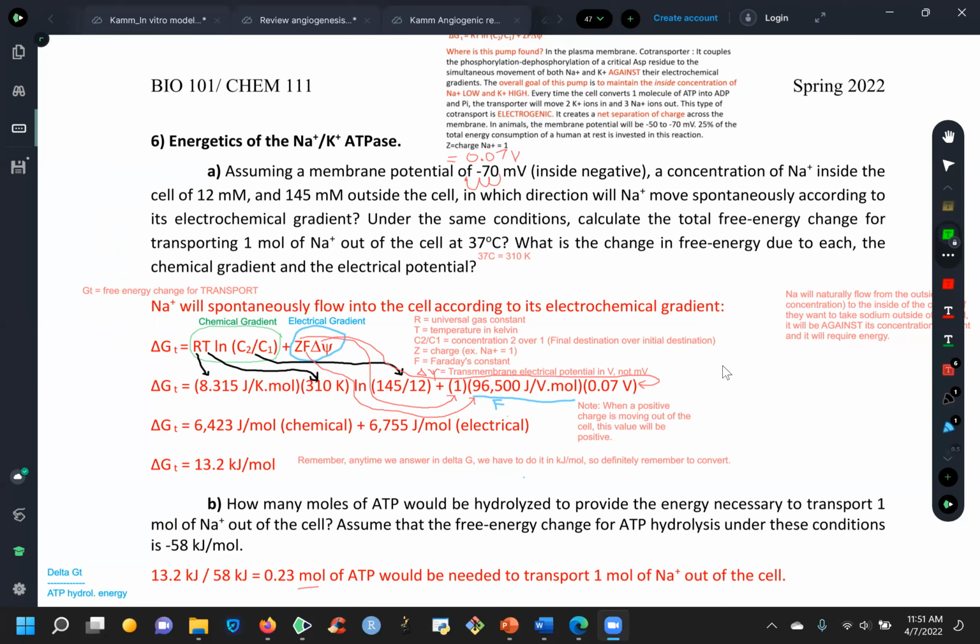Now, sometimes they'll ask you to do the math, and they'll ask you just for the free energy of transport. Sometimes they'll ask you for only the chemical gradient portion. Sometimes they'll ask you for the electrical gradient portion. That's this guy.